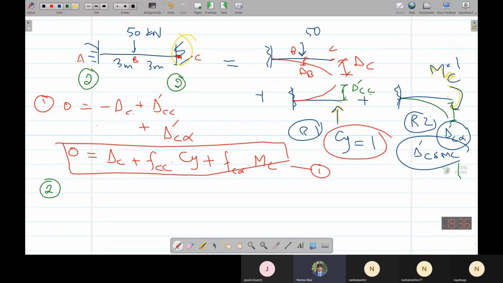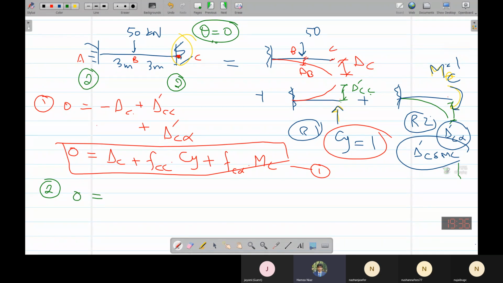We are just equating the deflection at point C. Now, for the second equation, we can equate the rotation at point C, because at a fixed support theta is equal to 0. It does not allow rotation. Delta is also 0 in the horizontal as well as vertical direction, and theta is also 0. So we'll get something like this.